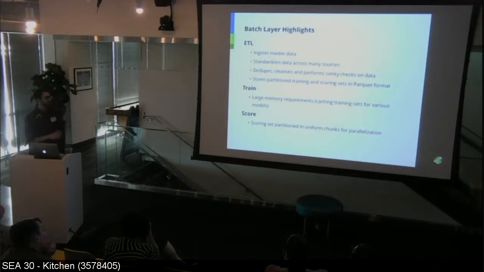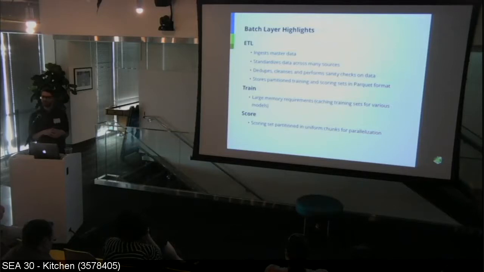So now we're dealing with this Parquet format, which Spark loves, and we're entering our training and scoring phases. Training actually requires a large amount of memory, so we're using Spark as it was meant to be used. We're caching all of our training sets in memory and allowing multiple models to run across that same superset of training data, which is cached.